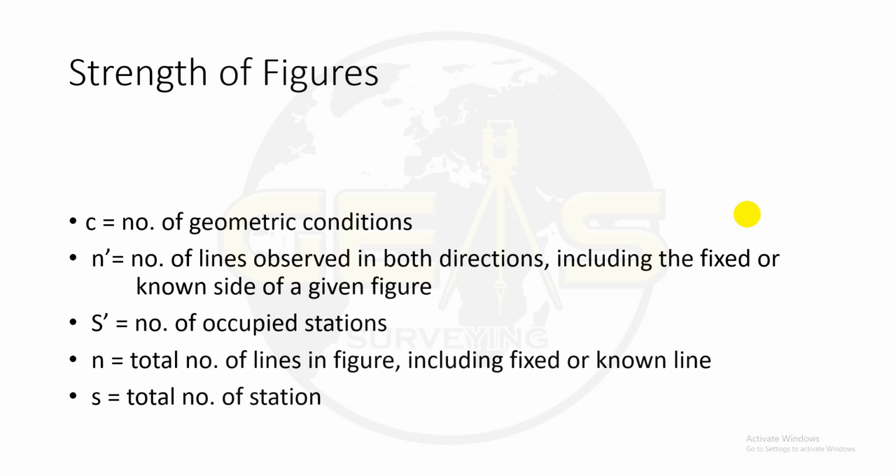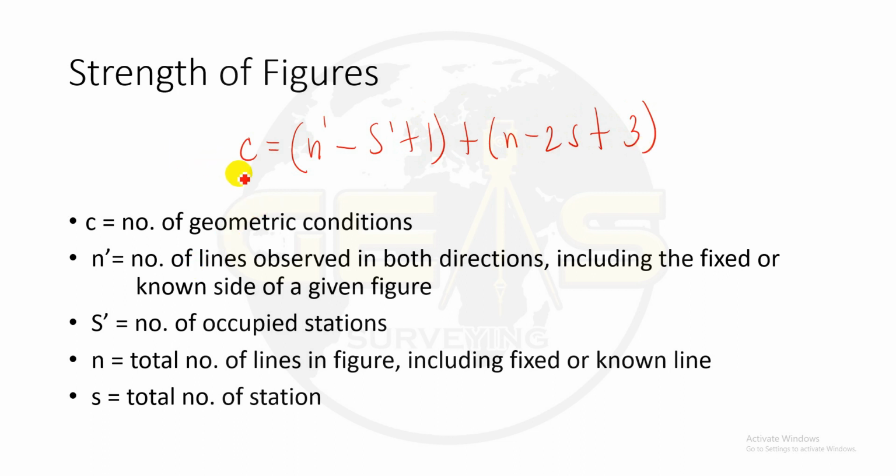Okay, and the formula for the geometric conditions is C is equal to n prime minus s prime plus 1 plus n minus 2s plus 3. Again, C is the number of geometric conditions.